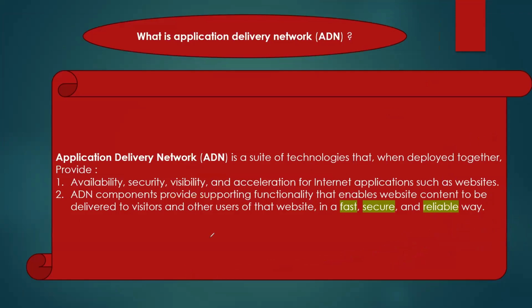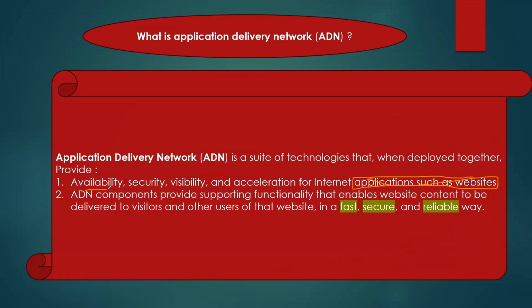So here, application delivery network, what does it provide? As I said, it's related to the application, such as a website, right? So whatever the URL, or the security of that website. What it can provide is availability. What is availability?